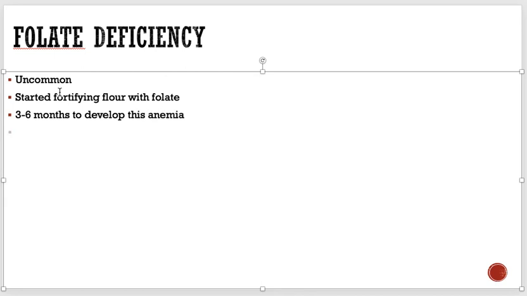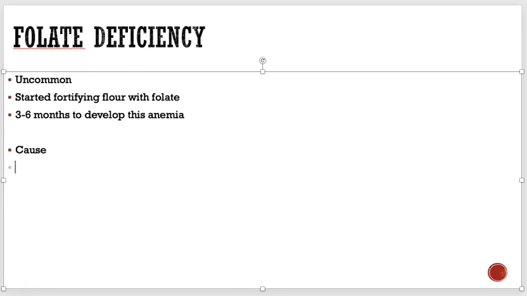Folate is present in, remember, greeny things, green leafy vegetables, so eat more green. If you are buying the processed flour, it is already fortified with folate, so that's a very good thing. And now, what are the causes of deficiency of folate?